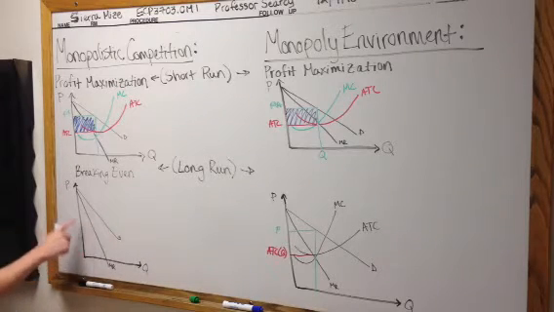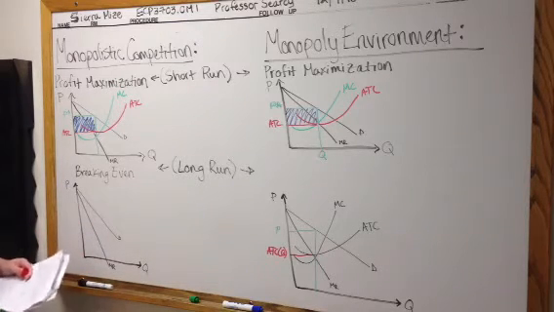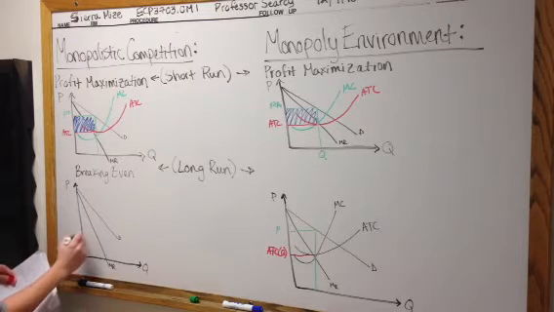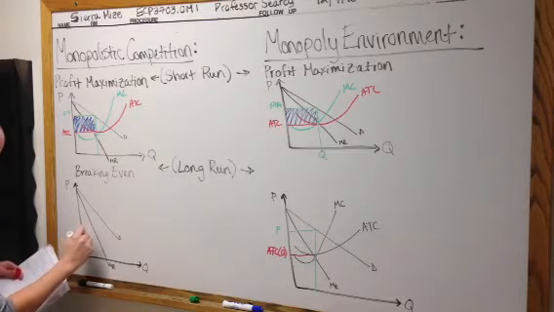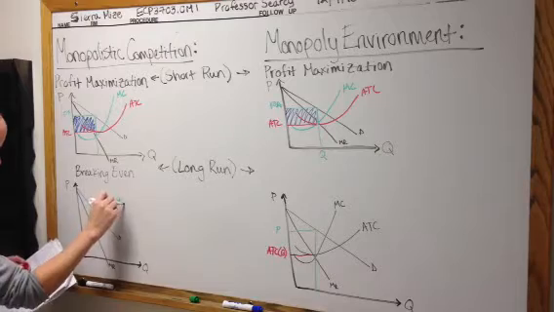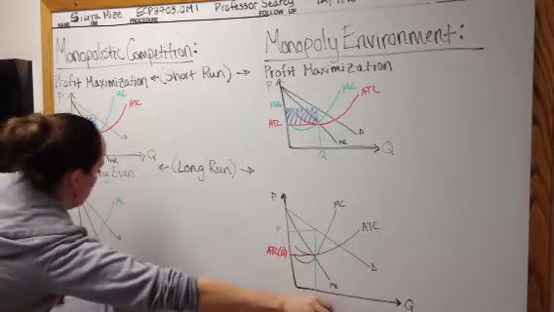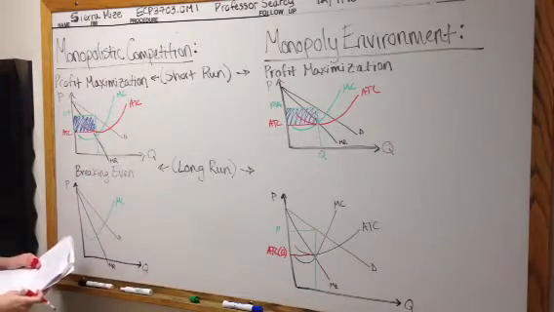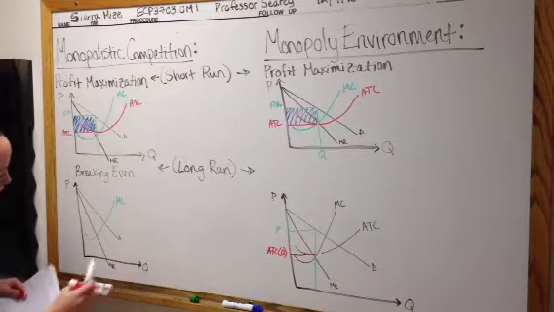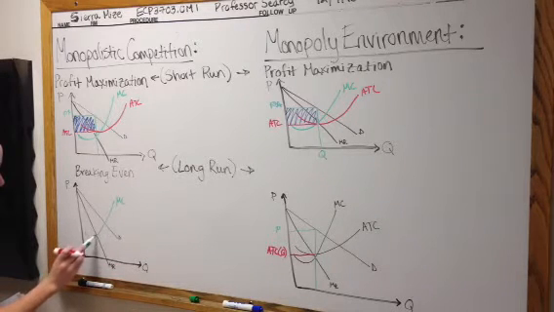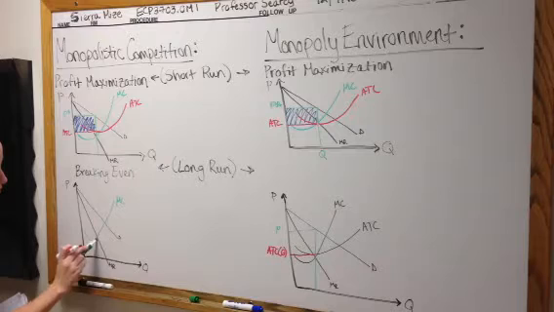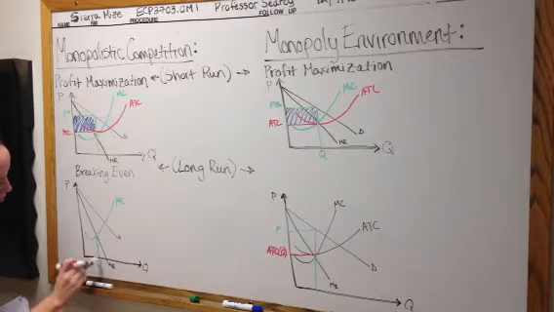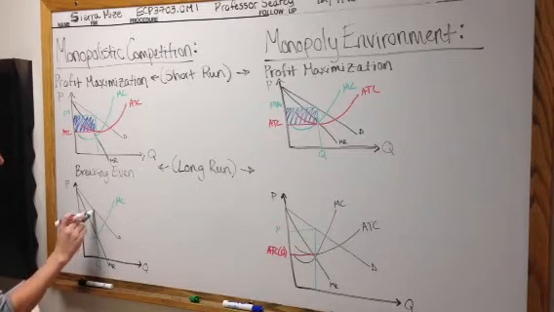You have your demand curve, your marginal revenue curve. Here's your marginal cost. And bring down here the quantity from marginal revenue and marginal cost intersecting. Take that up to the demand slope.